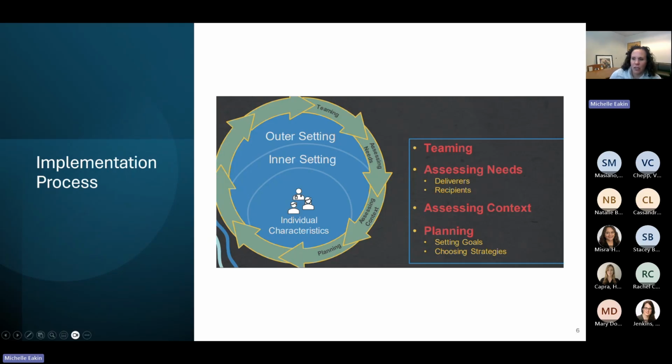And within the CFIR, we can look at this implementation process that involves creating a team, assessing needs, understanding the context you're working in, planning, and then doing the work of actually implementing those strategies, monitoring and evaluating, and iterating to optimize outcomes. This implementation science work started primarily within clinical teams.